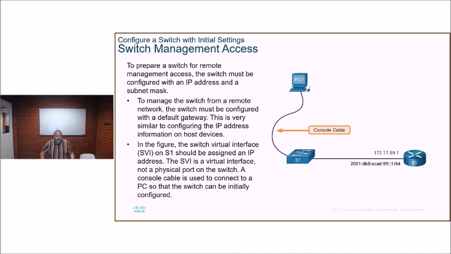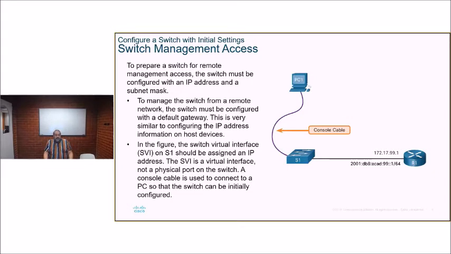All right. So switch management access. Basically, to prepare a switch for remote management access, the switch must be configured with an IP address and a subnet mask. To manage the switch from a remote network, the switch must be configured with a default gateway. This is very similar to the IP configuration on a host.